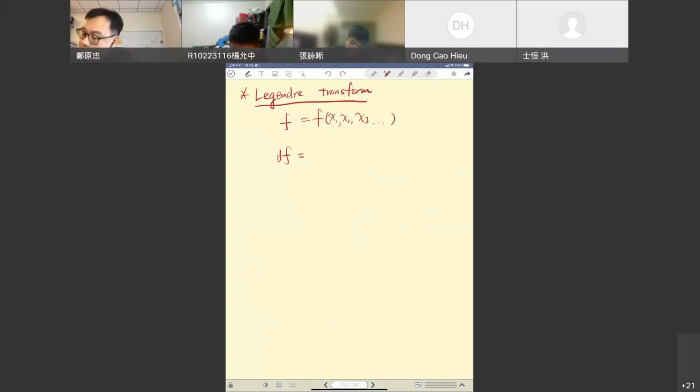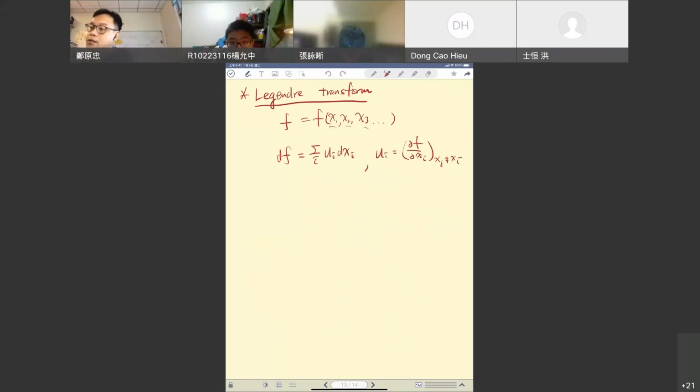So the change of f can be written as a sum over all these variables, called s_i, times some u_i. And this u_i is actually partial f partial s_i with all s_j, j not equal to i, fixed.